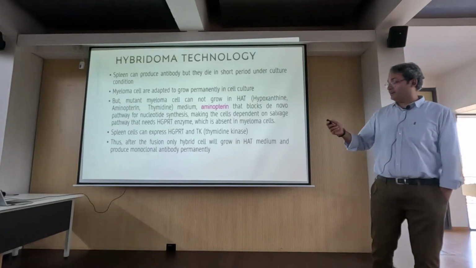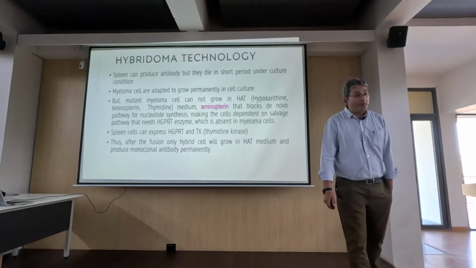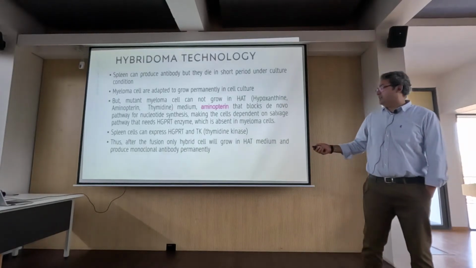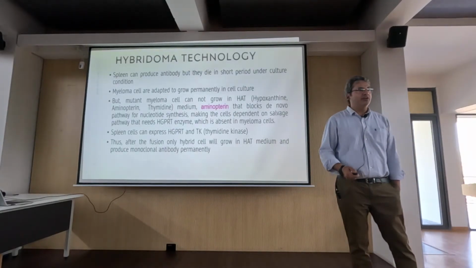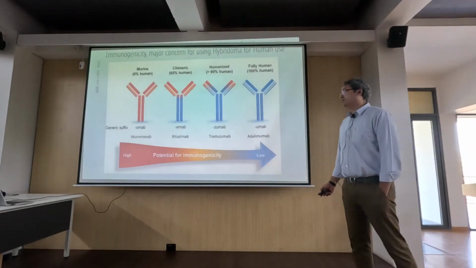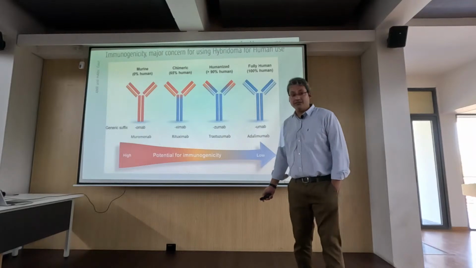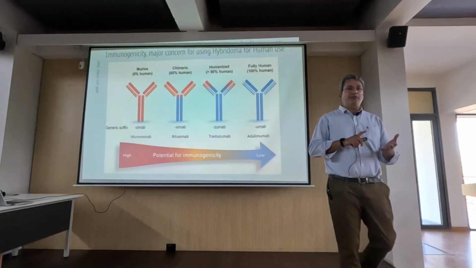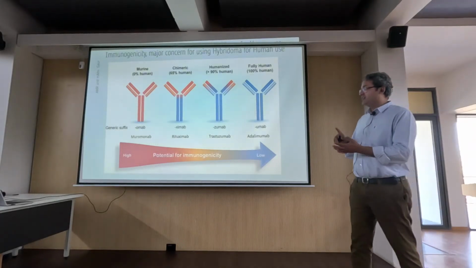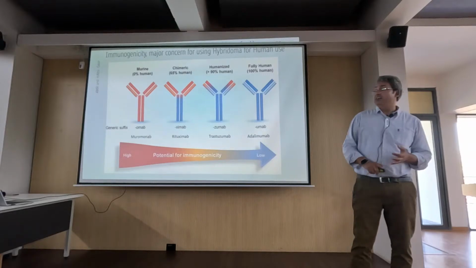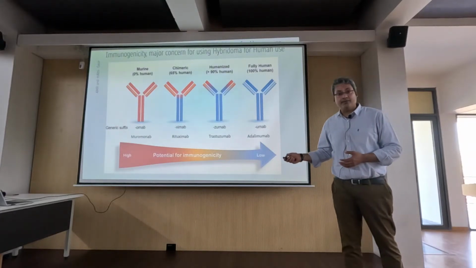So this is the technology that was developed long back, but in the last 40 years there has been huge advancement. But if this technology was already there, what was the need to go beyond it? And the reason is immunogenicity. Now these antibodies, as we have discussed, use spleen cells of murine origin and myeloma cells of murine origin. So whatever antibody is made would be completely murine, right?